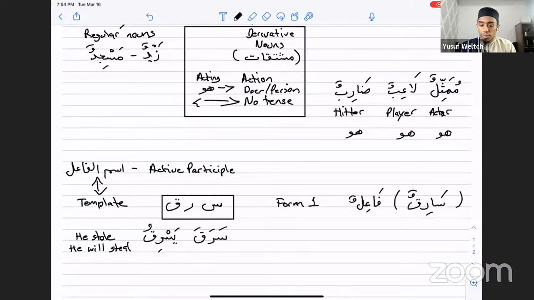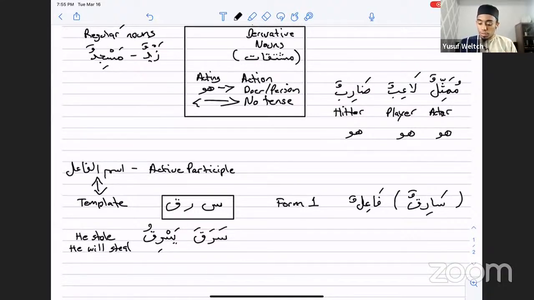So the he is implied. You're going to say a thief. But when you say a thief in English, it could apply to any type of person as long as it's singular. You can say she is a thief, he is a thief, or you can make it plural: they are thieves. That could be dual or plural. We are thieves, and so forth.